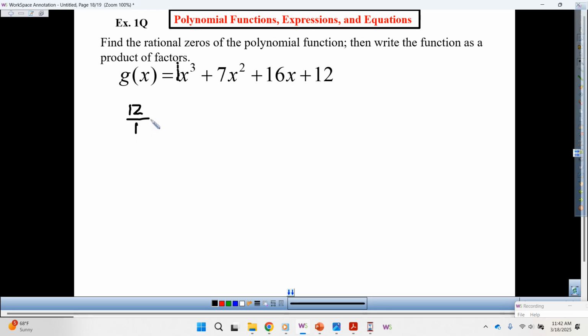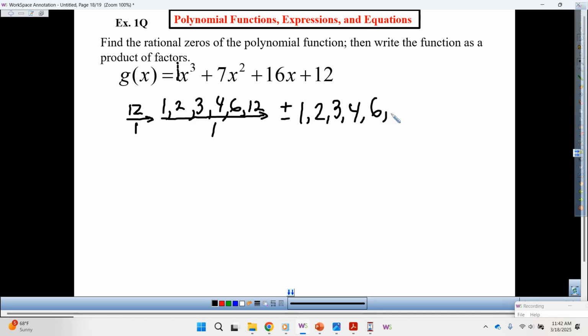Okay. Next, you found all the factors of 12. Let's see, 1 times 12, 2 times 6, and 3 times 4. And all that divided by 1. So then all your possible zeros are 1, 2, 3, 4, 6, and 12. Hands if you got it right there by yourself.